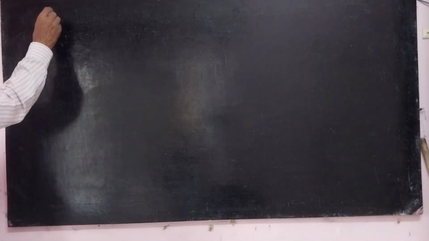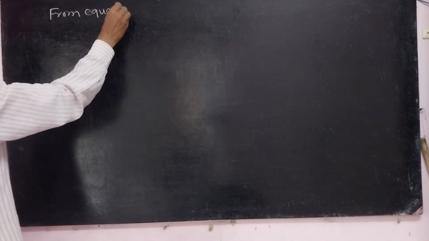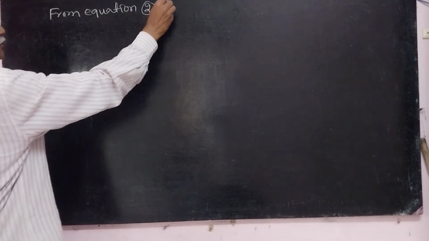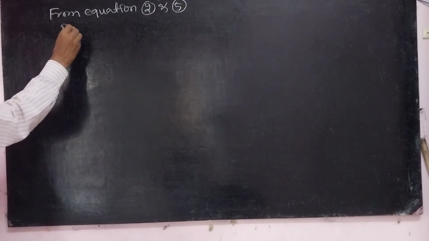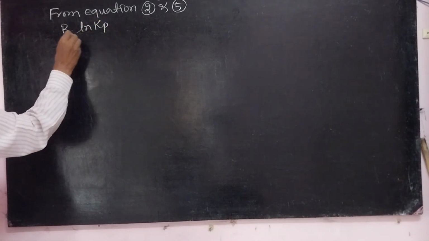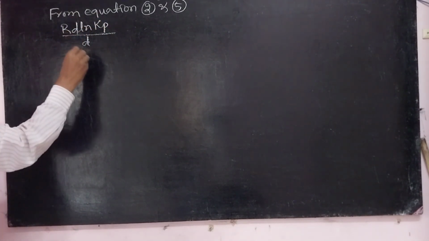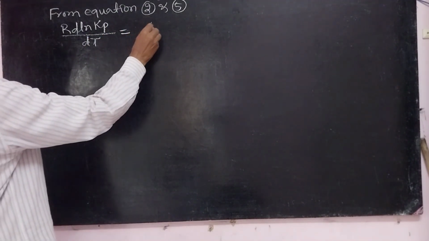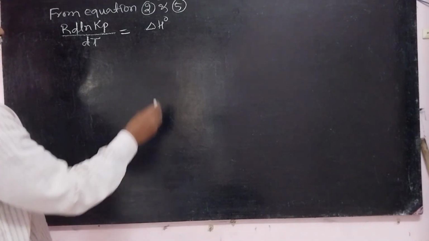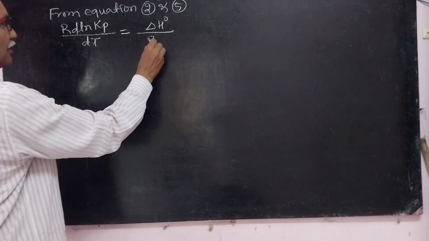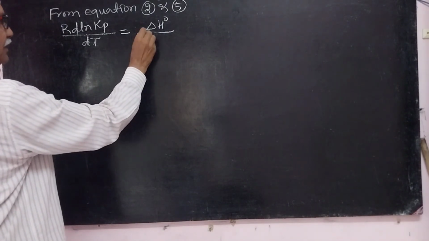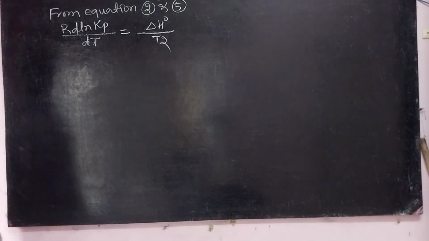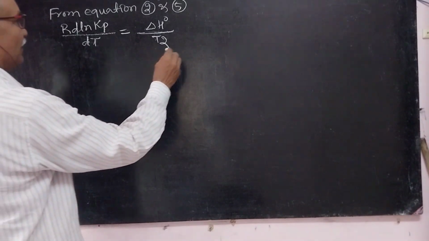From equation 2 and 5, we get minus R d ln Kp divided by dT is equal to minus delta H naught divided by T square, that is d ln Kp divided by dT is equal to delta H naught divided by R T square.